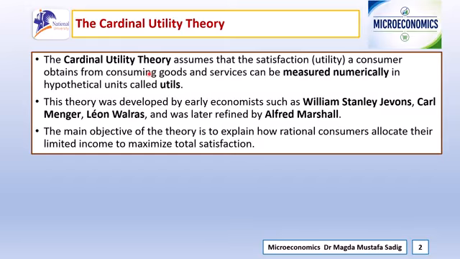Although these decisions may seem ordinary, economists believe they follow logical patterns that can be studied scientifically. The Cardinal Utility Theory provides one of the first systematic explanations of consumer choice.